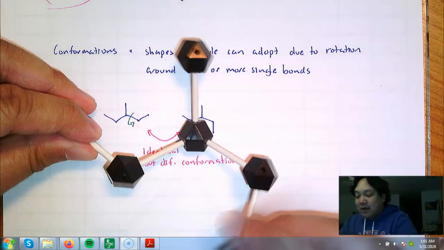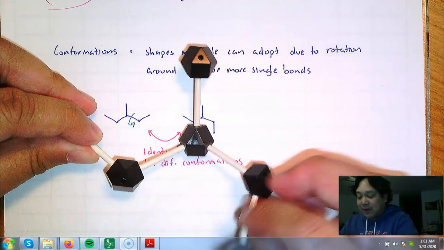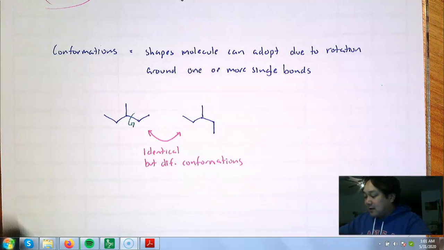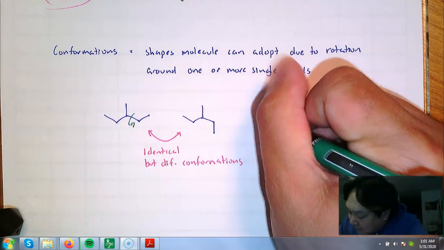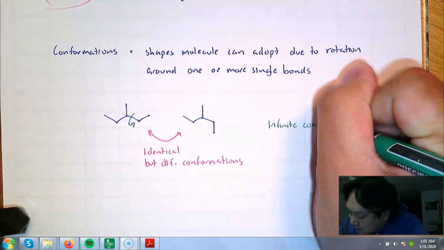There's an infinite number of conformations for most molecules, especially if you have single bonds that could rotate all the way around. So let me write that. You have infinite conformations.